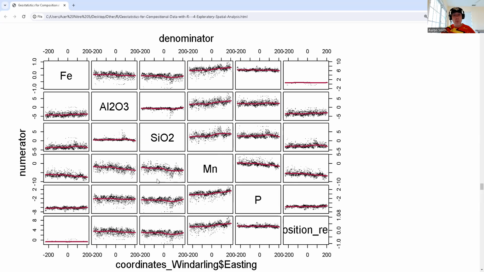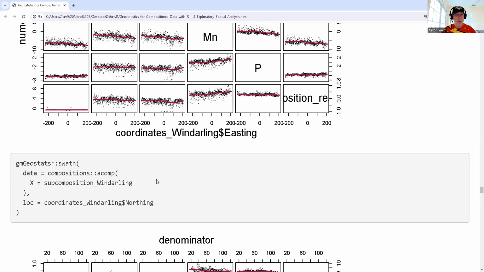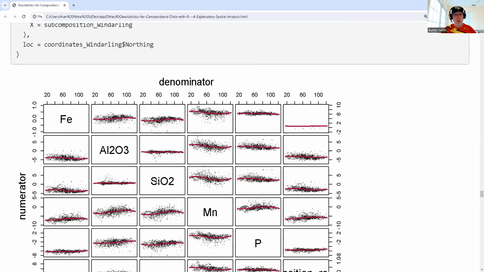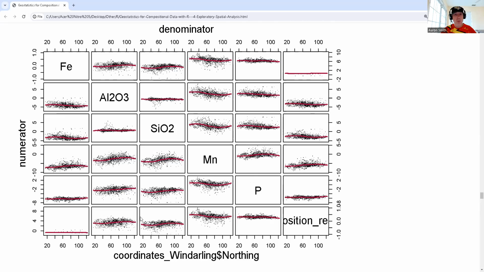There are maybe a little bit here and there, but these lines look pretty flat. Now, going with respect to north and south, I'm not seeing a whole lot. The dots look pretty much like clouds, but maybe they did, maybe they didn't. I didn't know until I looked at this.